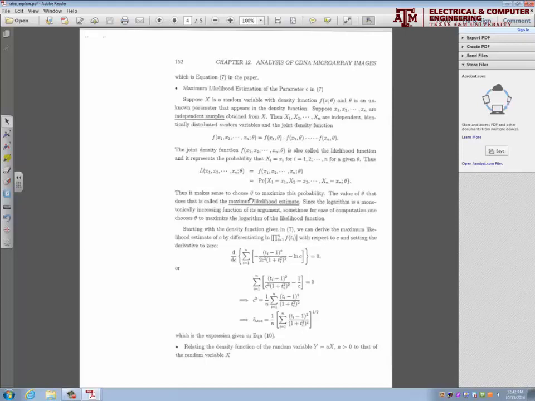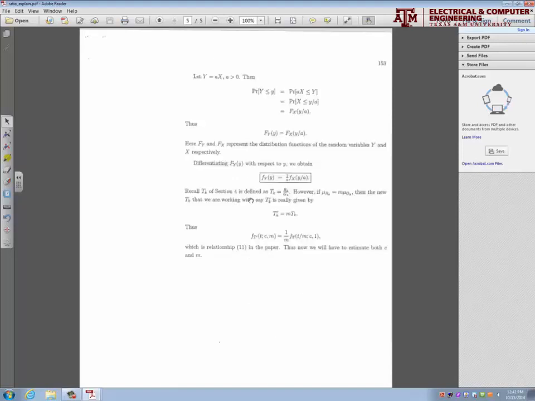The only thing that was remaining was to show how the density function of the random variable Y equals aX, where a is greater than 0 as a scalar multiple, is related to the density function of X. That is actually an exercise in a first course in probability, and I'll just repeat it here for those who may have forgotten.